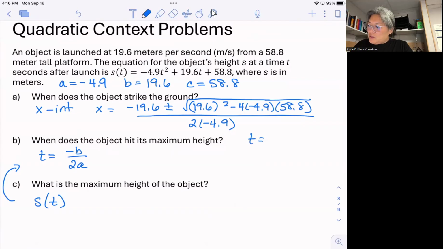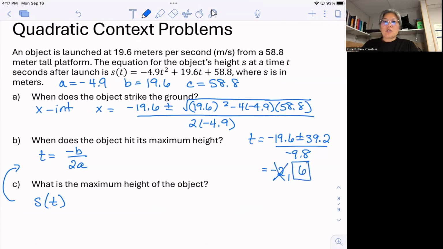t is equal to, I'm doing the whole thing, t is equal to negative 2 or positive 6.